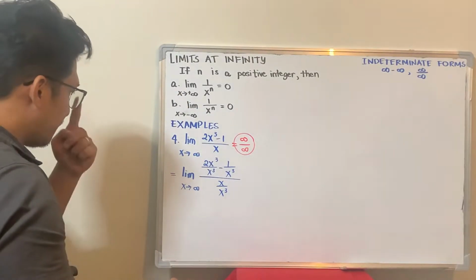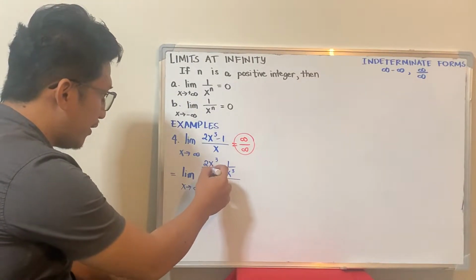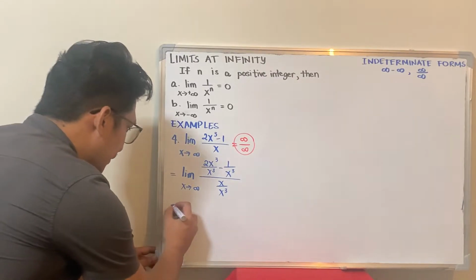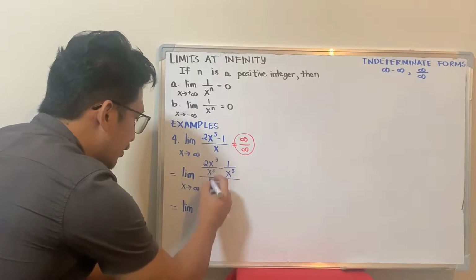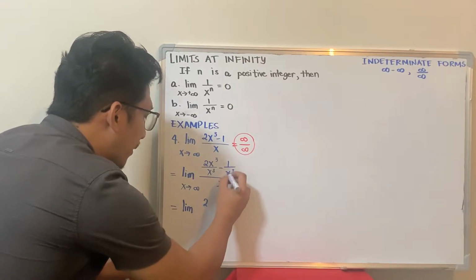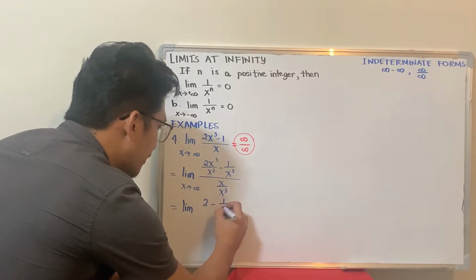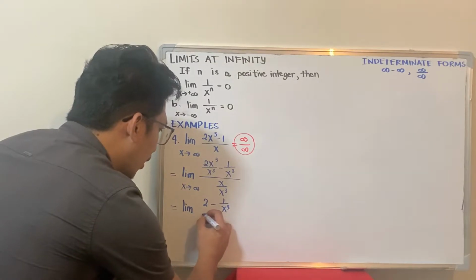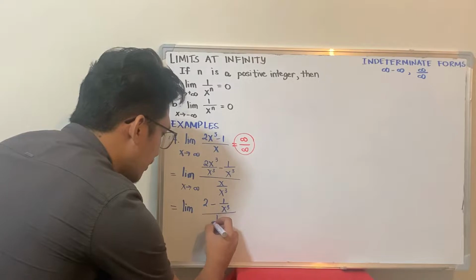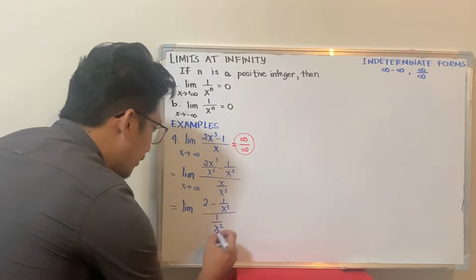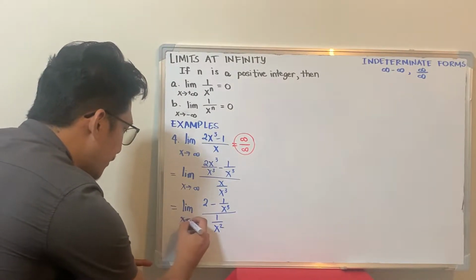So 2x cubed over x cubed, this cancels, so just 2 remains. So this is equal to the limit, 2 minus 1 over x cubed, all over x over x cubed, which is just 1 over x squared, as x approaches infinity.